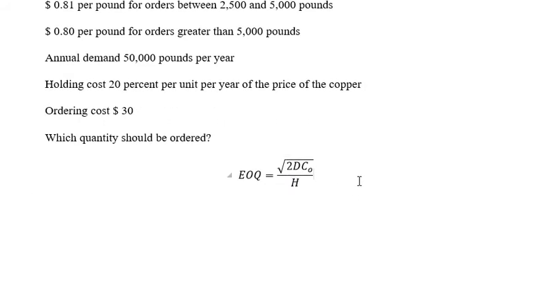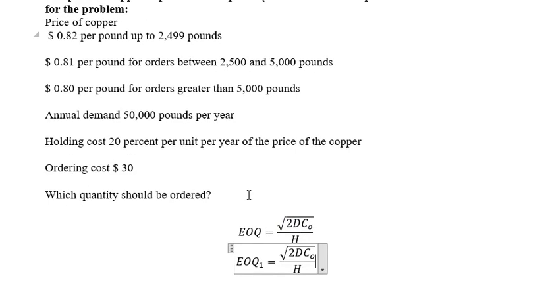Because we have three scenarios, we will have EOQ1, EOQ2 and EOQ3. About EOQ1, that's about 0.82.